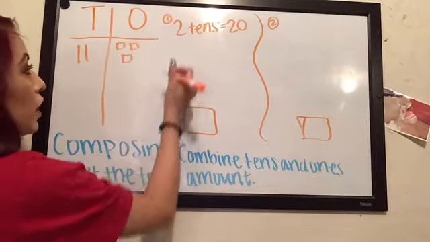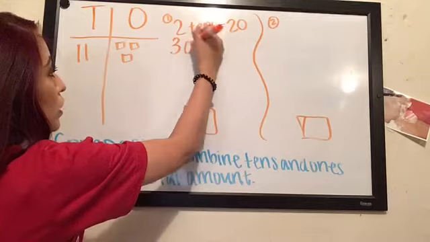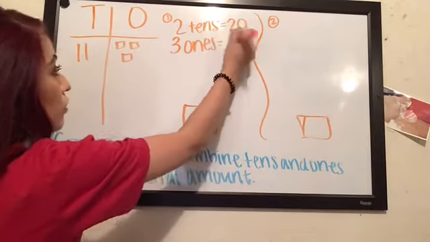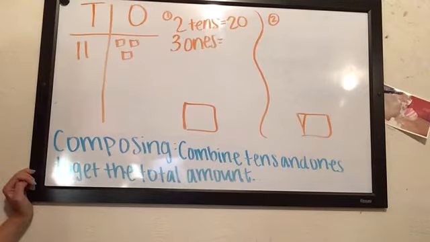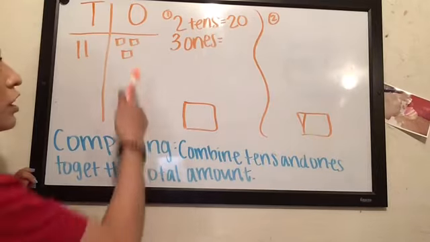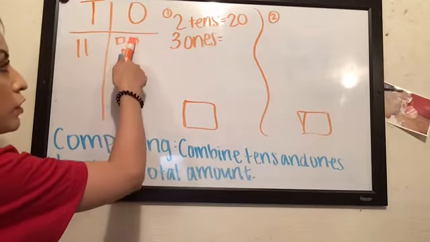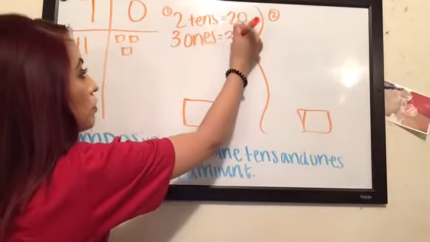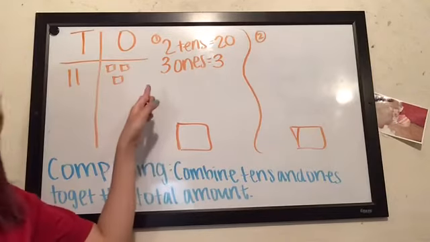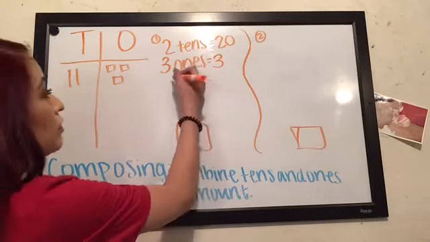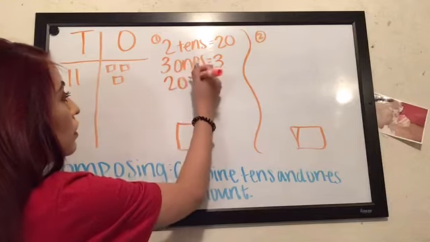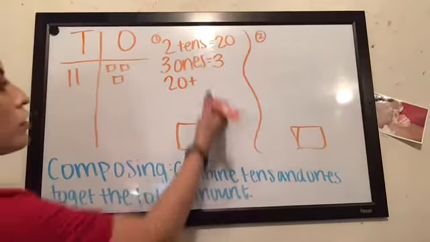Then how many ones do we have? We have 3 ones. And what is the total amount of 3 ones? Each one is worth 1, right? So we have 1, 2, 3. We have 3 in total. So we have 2 10s equals 20, and 3 ones equals 3.